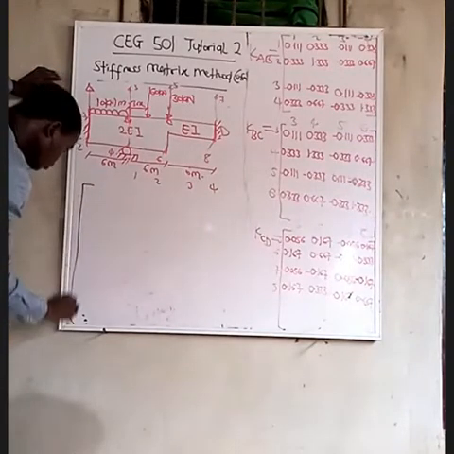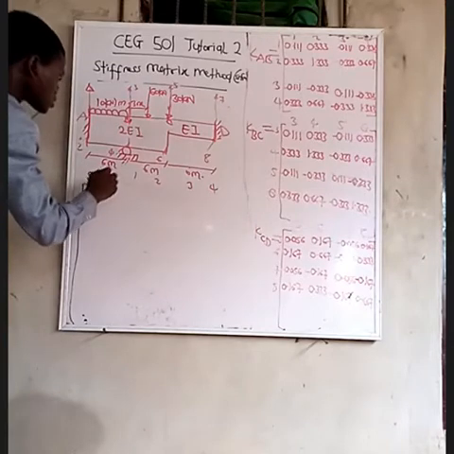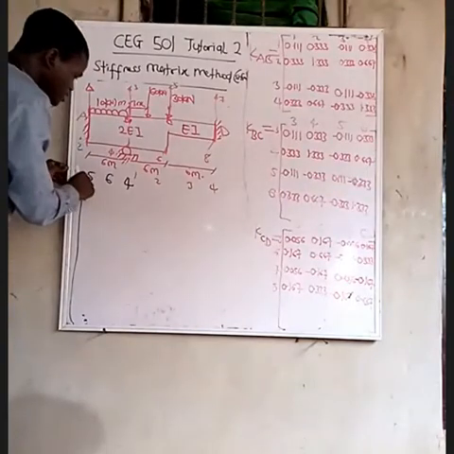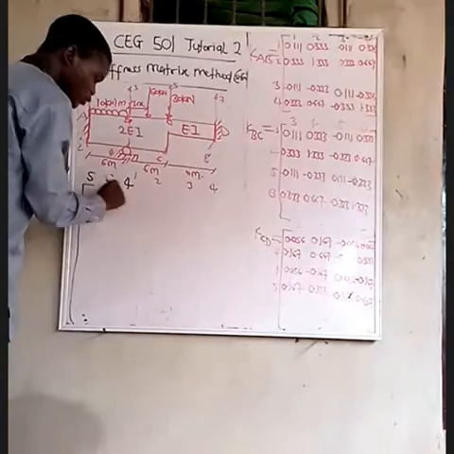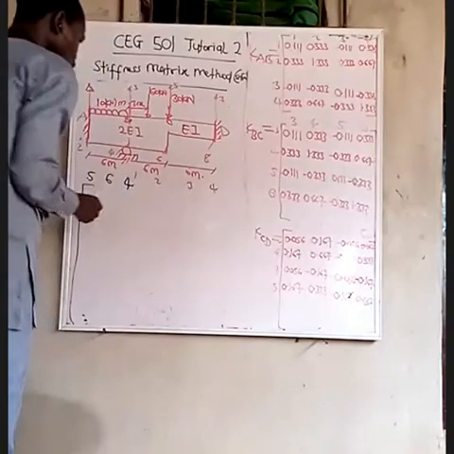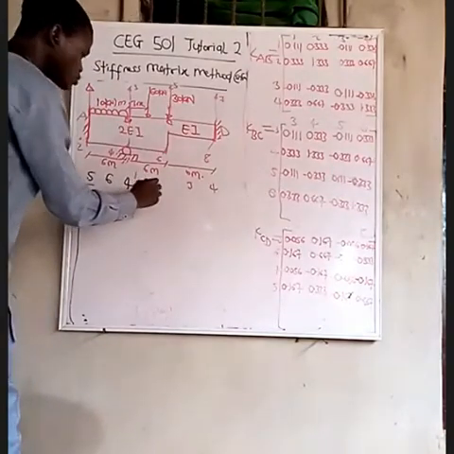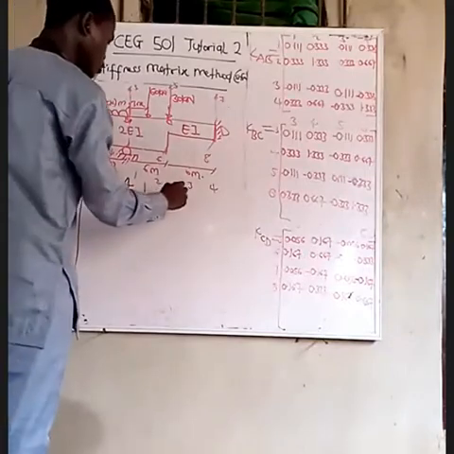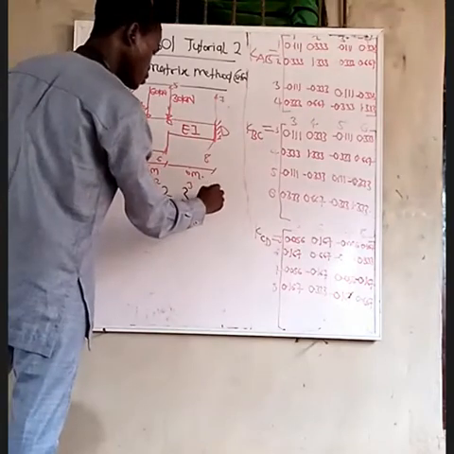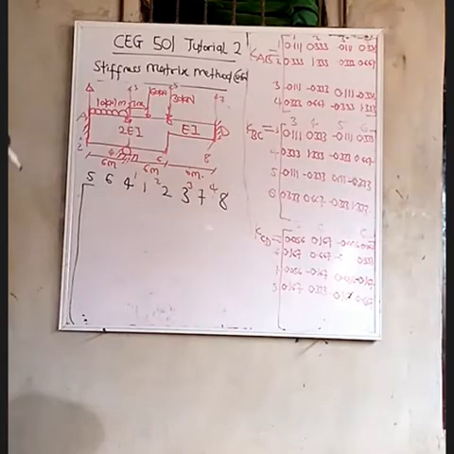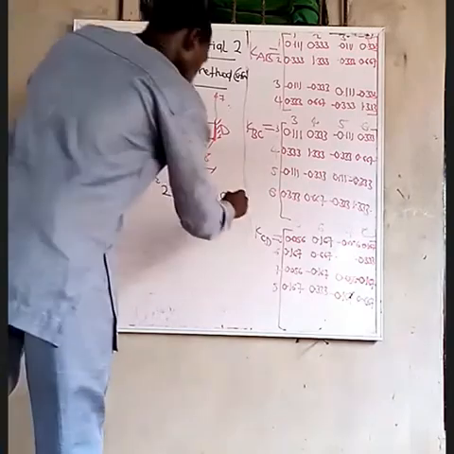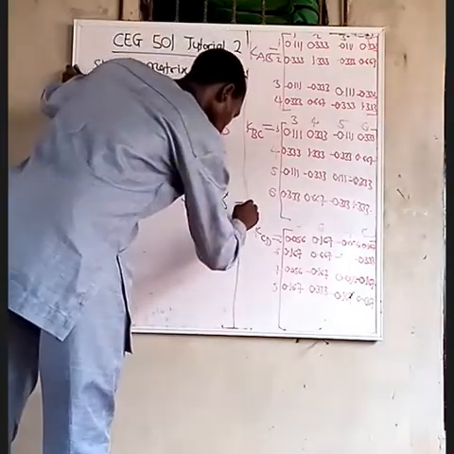So what you can say is we have 5, 6, 4, whatever way you can do it for 5, 6, as far as they are the unknowns that you are bringing to the front. 5, 6, 4, then 1, 2, 3, 7, 8.